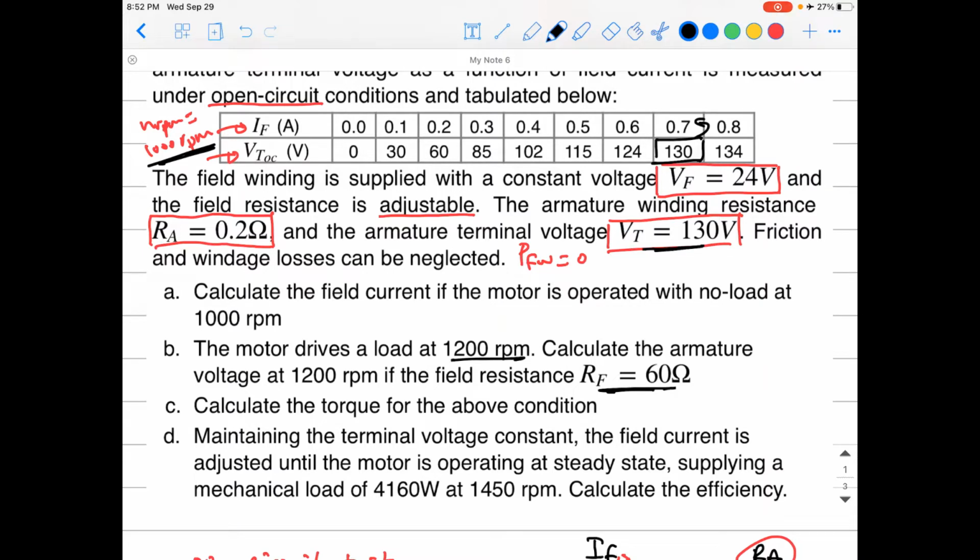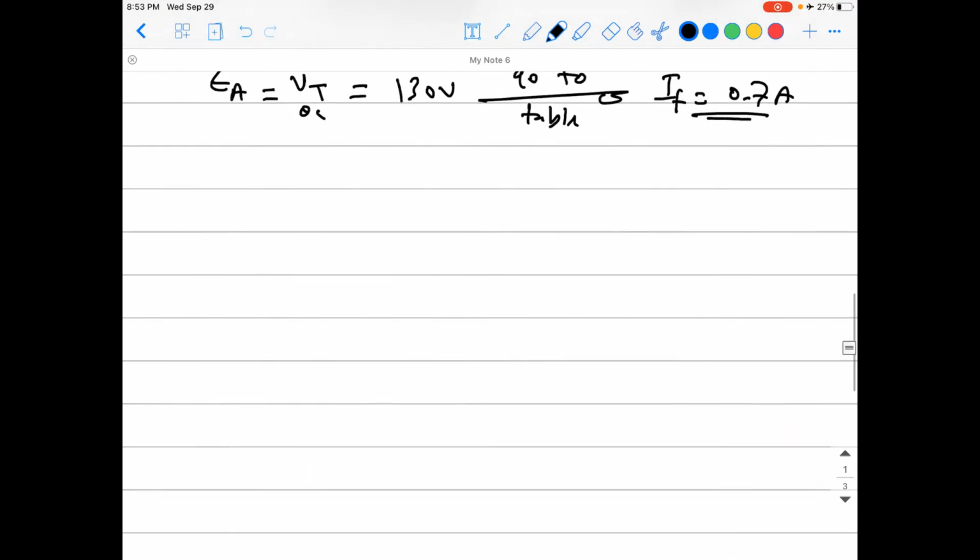You know it's changing because it's changing the field resistance by adjusting the resistance attached to it. So he's giving you information about the current state of the circuit. That is the field resistance now 60 ohms, and the speed is 1200 RPM, and he wants you to find him the armature voltage. Let's try to find this in light of what we have.